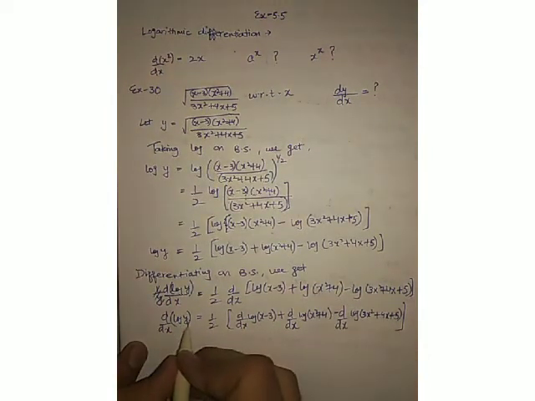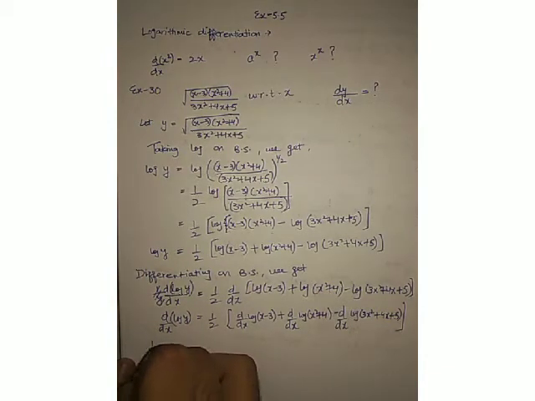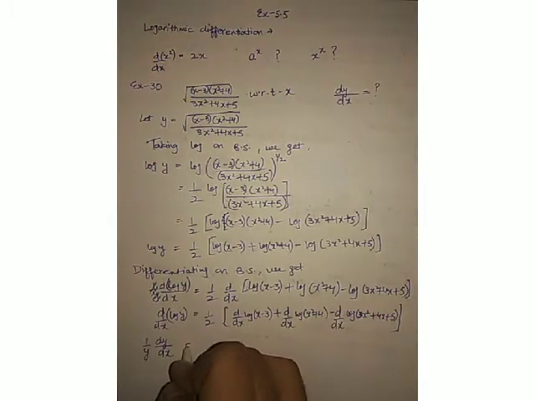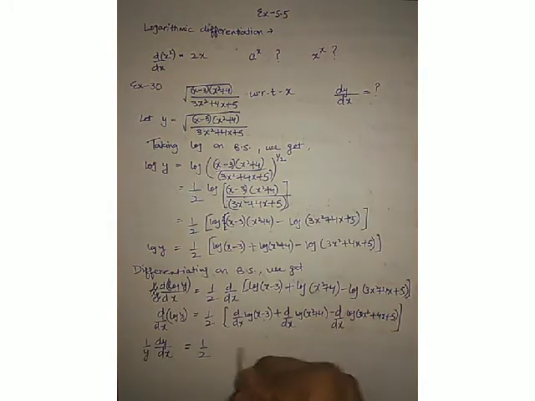So what's the differentiation of log y? It will be 1 upon y, and y will again be differentiated with respect to x. 1 upon y dy upon dx is equal to 1 upon 2. Now what's the differentiation of log x? That is 1 upon x, and x minus 3 will again be differentiated with respect to x, so the differentiation of x will be 1 and that of 3 will be 0.